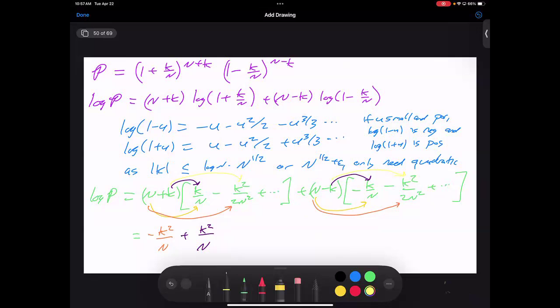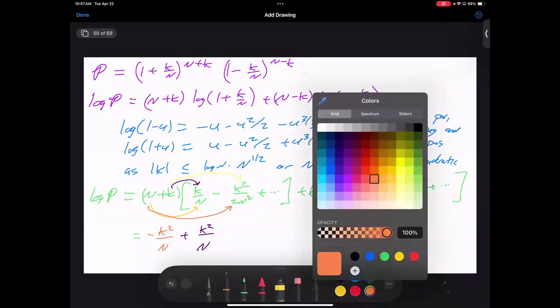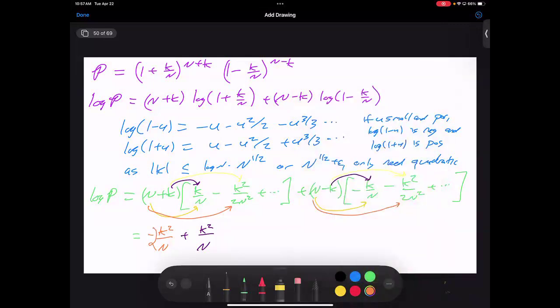Oh, wait a minute. Right, and we have 2 of them, right? Oh, yeah. So it should be twice that. That's where the factor of 2 is. It should be negative 2 times that. Good, thank you. So that fixes things and we're left with negative k squared over n.